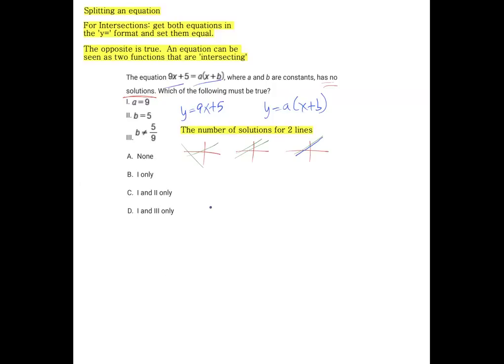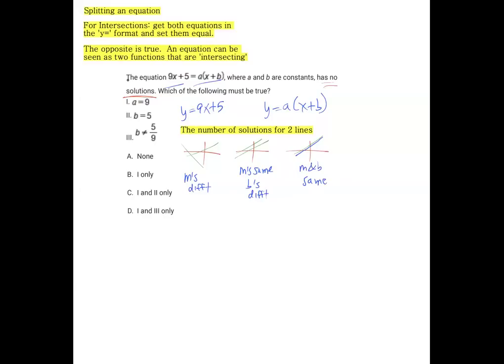If they hit once, it would happen if the slopes are different. If they hit never, it would happen if the slopes are the same, but the y-intercepts would be different. And if they hit all the time, it's because the slopes and the y-intercepts were both the same. Everything is the same. They're the same line. They're hitting all the time.